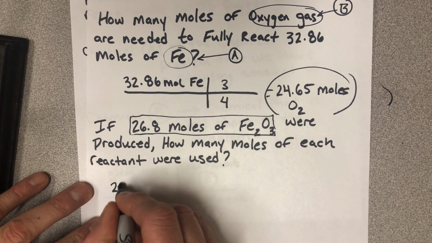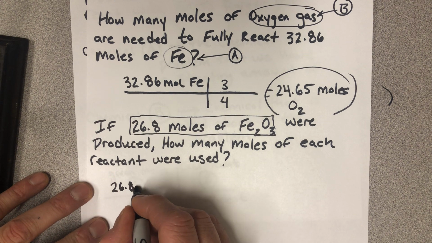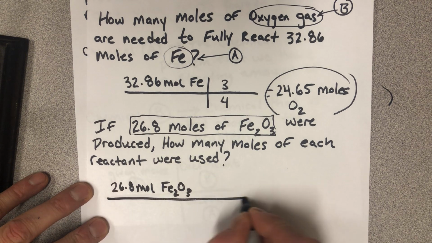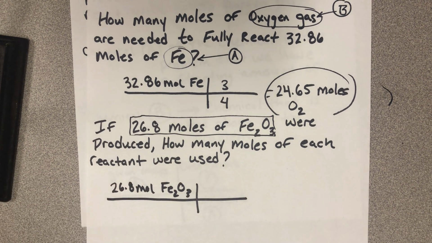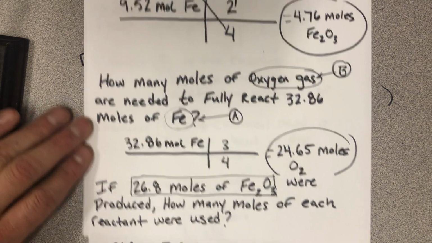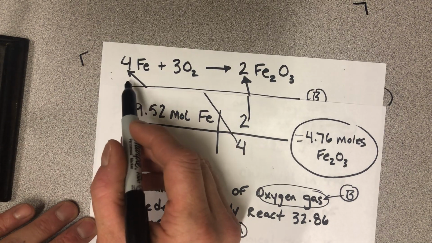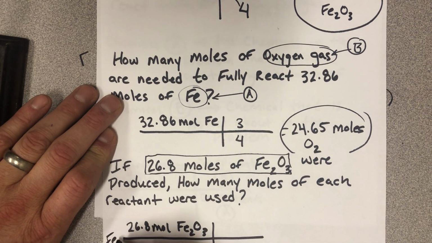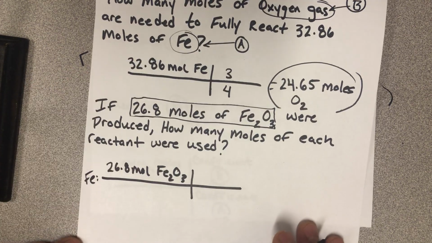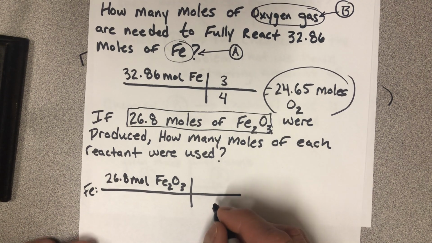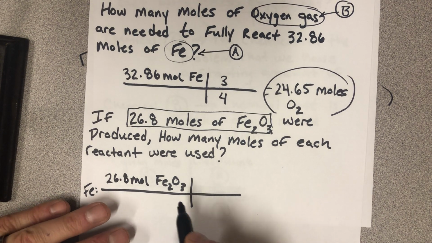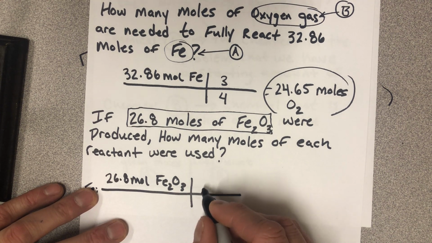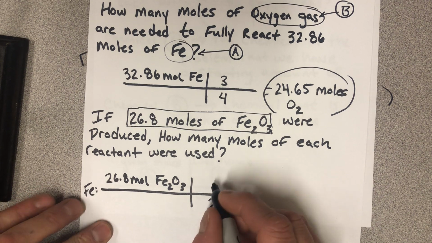So we're starting with our 26.8 moles of Fe2O3. So how many moles of, which one's first in the equation? Yeah, iron. Iron comes first in the equation, and I always just sort of work from left to right when I do this. So I'll do the iron answer first here. And so again, just use the mole ratio. The coefficient for chemical A was a 2, and the coefficient for iron was a 4.